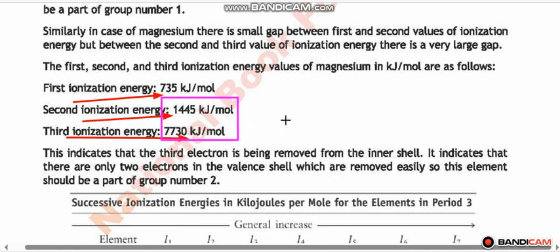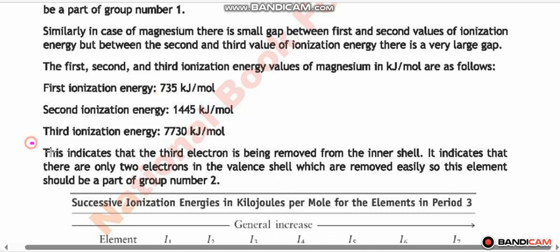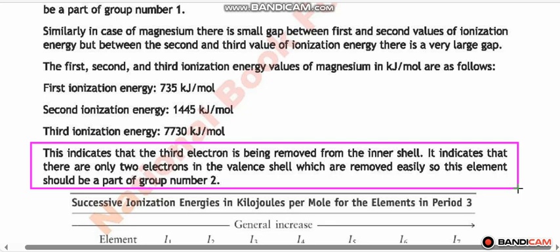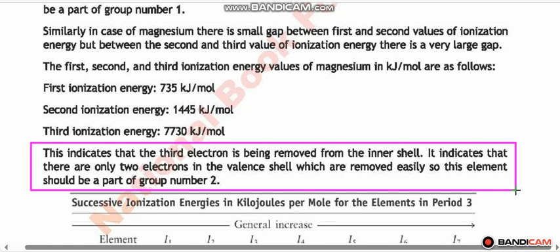So this big difference shows that we can remove only two electrons from the valence shell of magnesium, hence it will be located in group number 2. This indicates that the third electron is being removed from the inner shell. There are only two electrons in the valence shell which are removed easily, so that element should be a part of group number 2 of the periodic table.